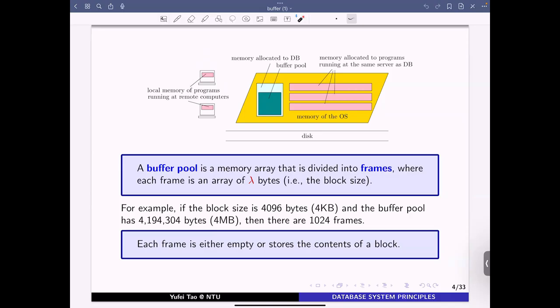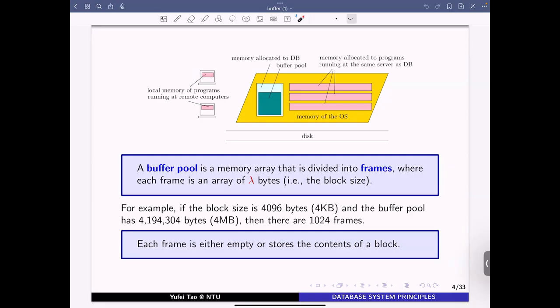In this case, your program actually runs on your laptop and it has its own memory there. So when I talk about memory, you have to be very clear which part this memory is, so don't get confused. When I say memory, it does not refer to the little memory that you have on your laptop. I'm actually referring to the memory that is allocated to the database system.